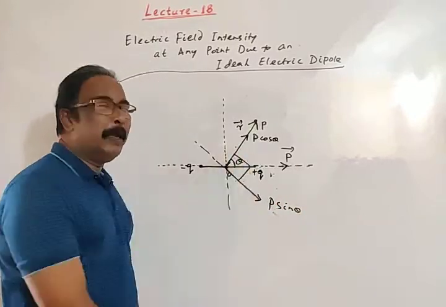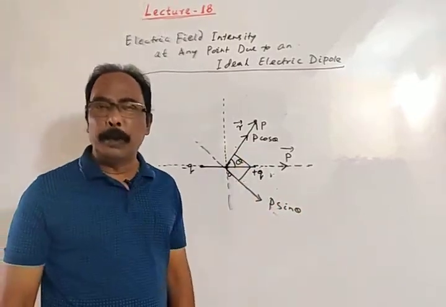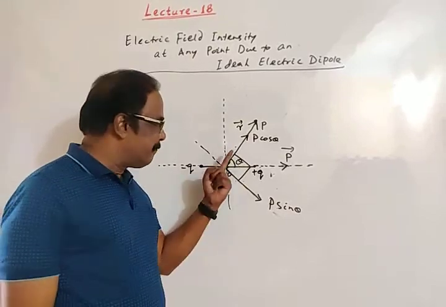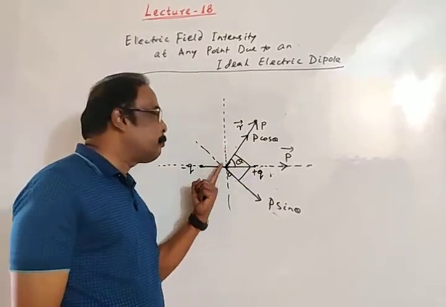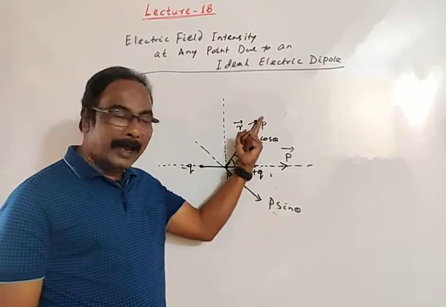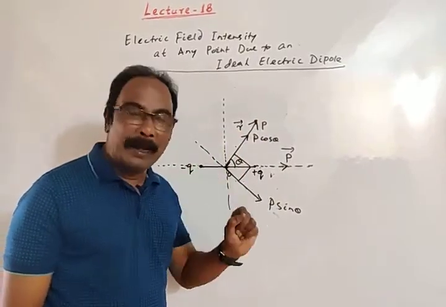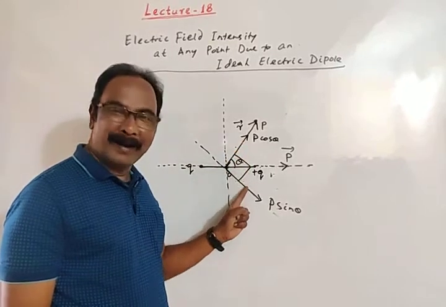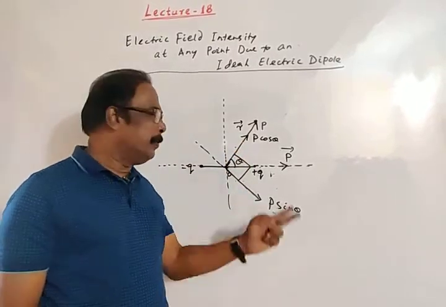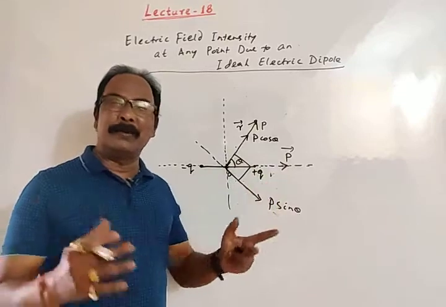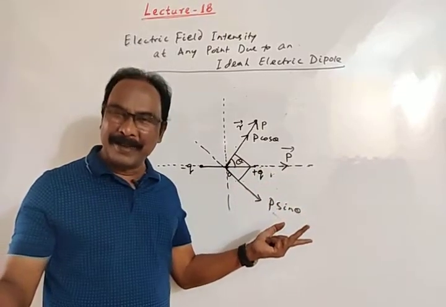Then dipole moment P is resolved into two rectangular components. So P cos theta is parallel to our reference line and P sin theta is normal or perpendicular to our reference line.